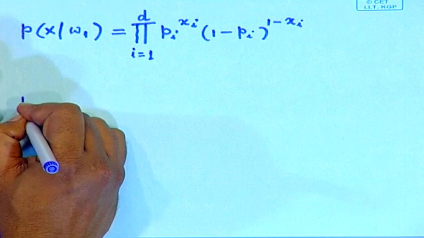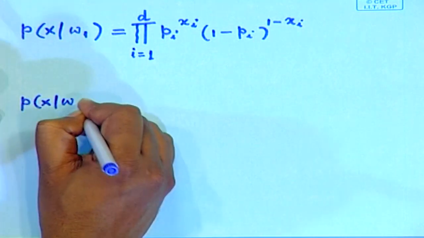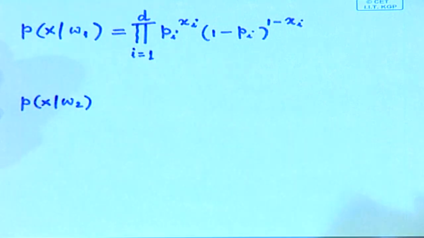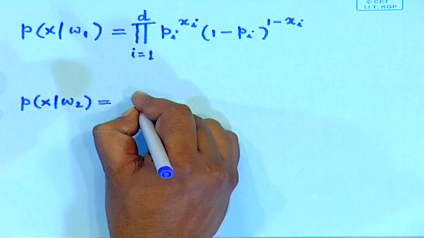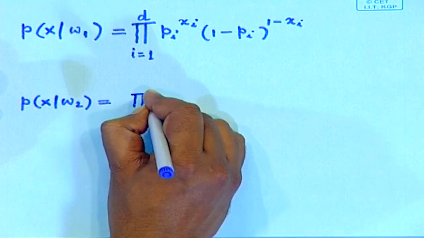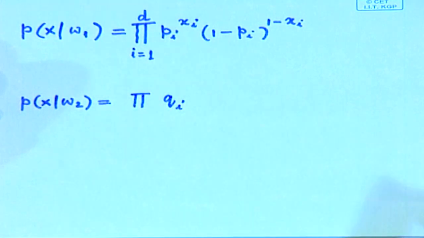In the same manner, I can write P of x given omega 2, the class conditional probability if the feature vector belongs to class omega 2. The probability of xi equal to 1 when the true state of nature is omega 2 is qi.